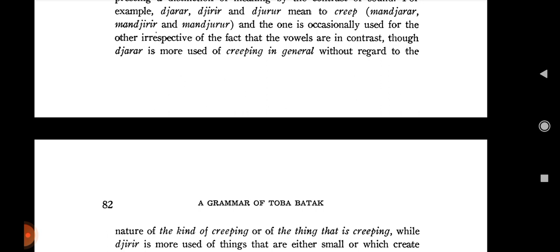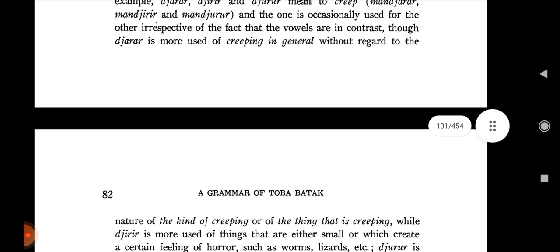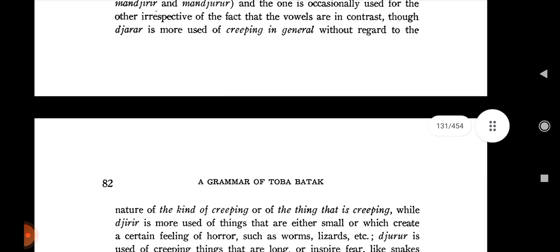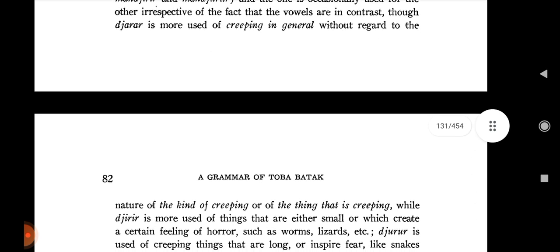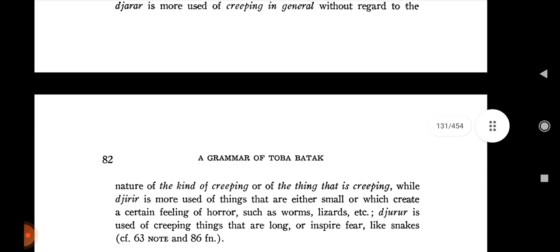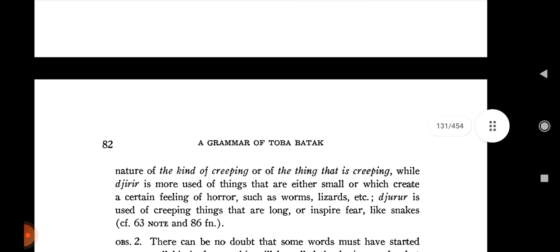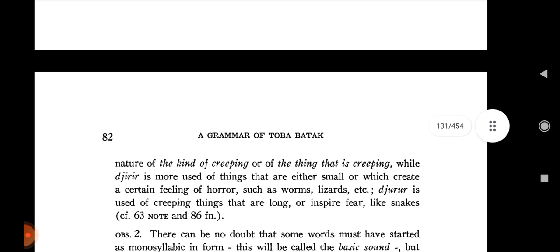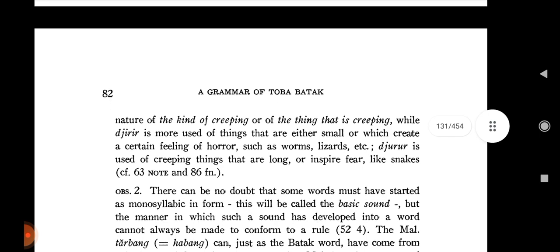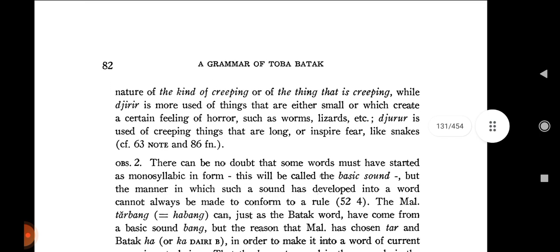Though jara is more used of creeping in general without regard to the kind of thing that is creeping, jiri is more used of things that are either small or which create a certain feeling of horror such as worms, lizards, etc. Juru is used of creeping things that are long or inspire fear like snakes. CF 63 North and 86 FN.